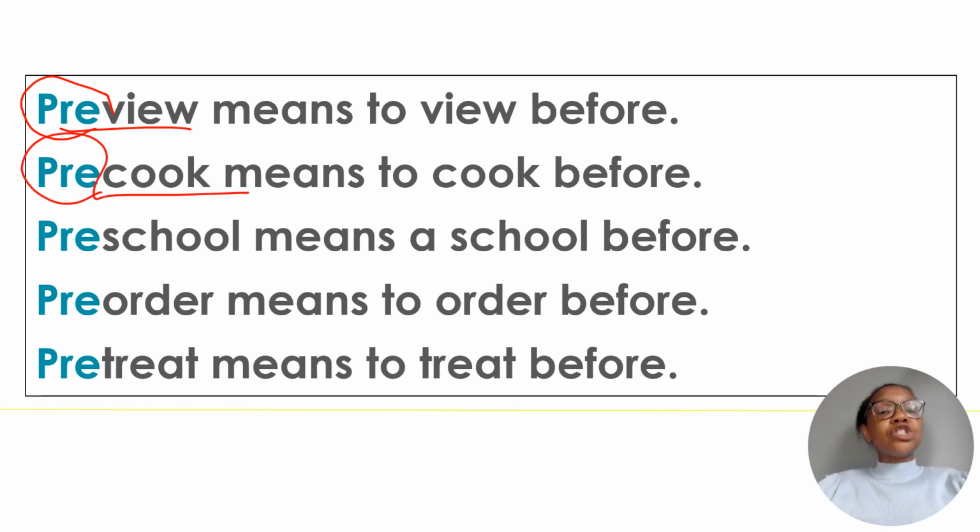Pre-cook means to cook before. Preschool means a school before. Pre-order means to order before. Pre-treat means to treat before. Please check each word and their meaning in your lexicon. I know you did a great job.